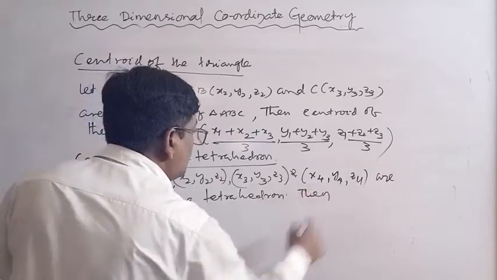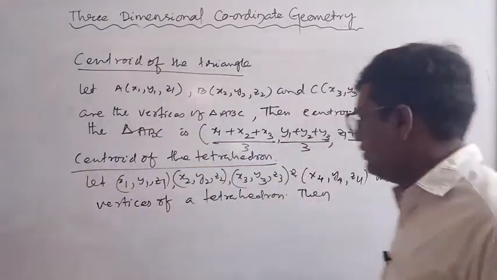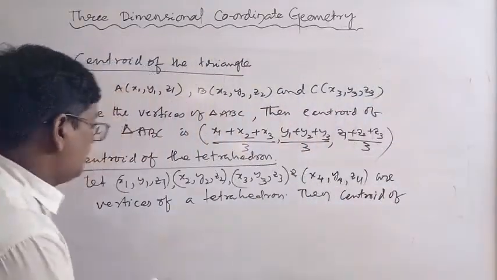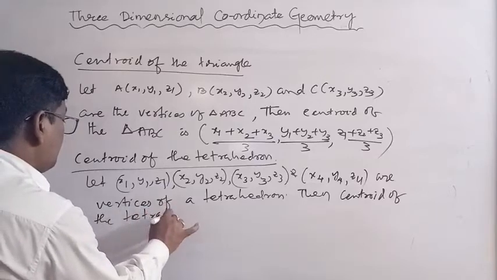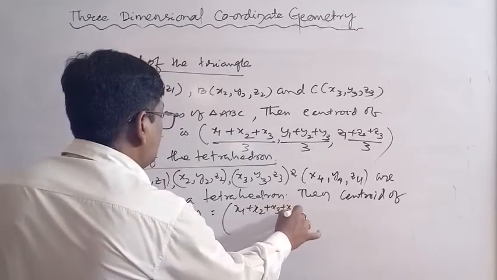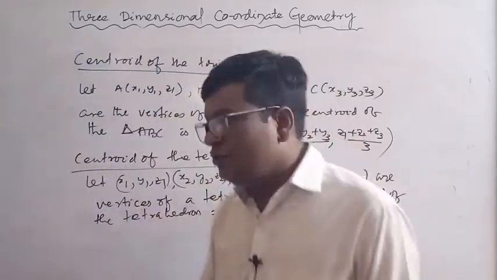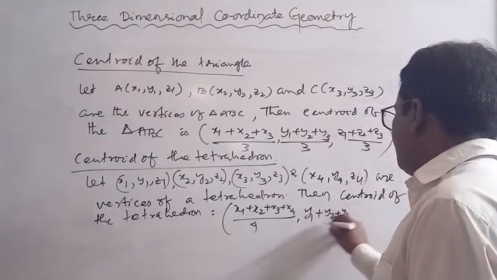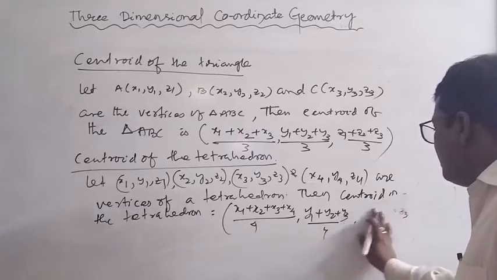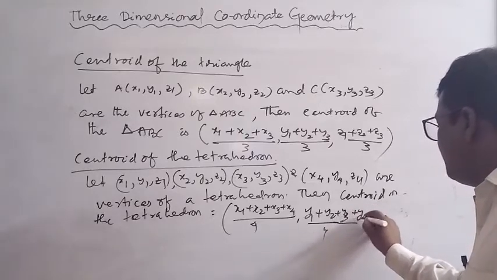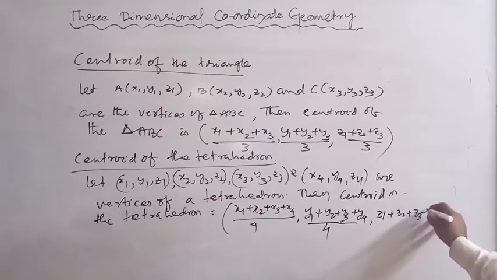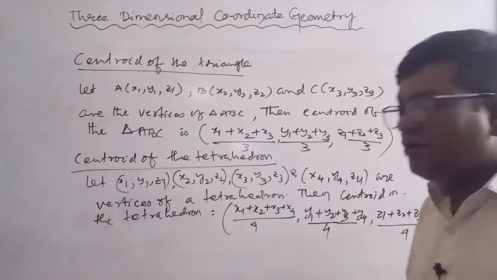Then the centroid of the tetrahedron is (x1 + x2 + x3 + x4) by 4, comma (y1 + y2 + y3 + y4) divided by 4, similarly (z1 + z2 + z3 + z4) divided by 4. This is the centroid formula for the tetrahedron.